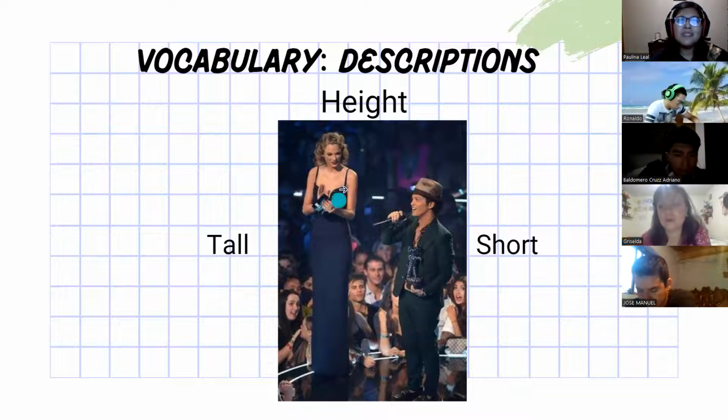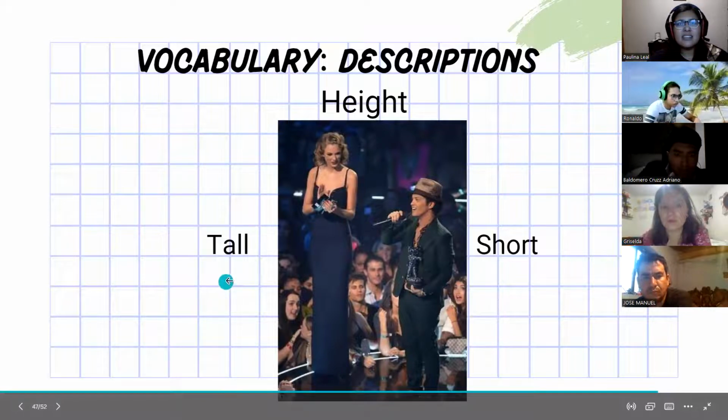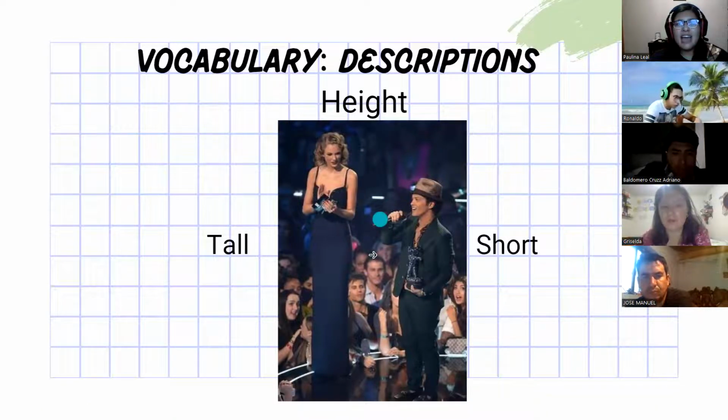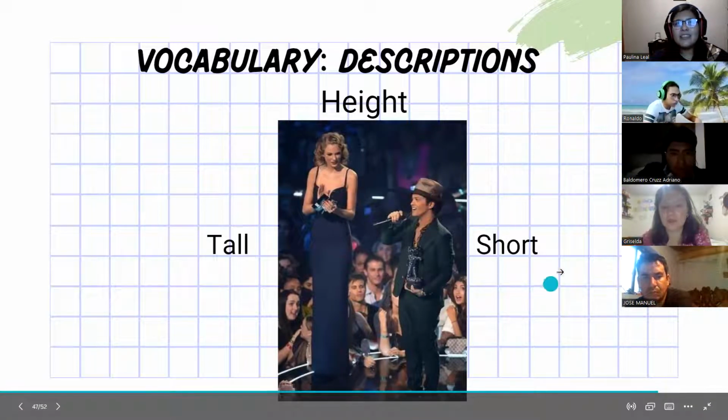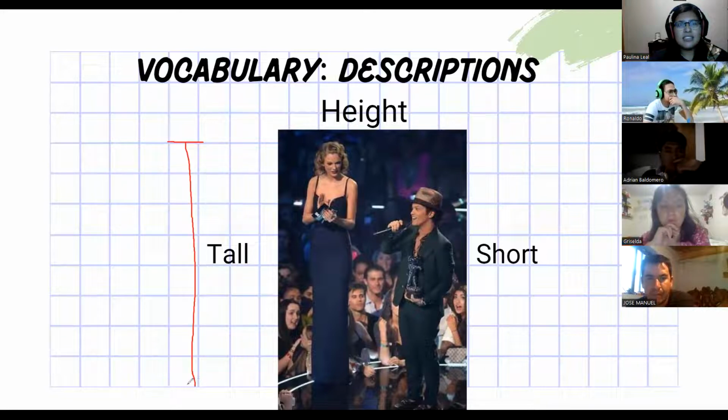So I love this picture because there's a huge height disparity. In this case, Taylor is tall and Bruno is short. So if you wanted to measure them, look at the difference. Here's Taylor, and then here's Bruno.